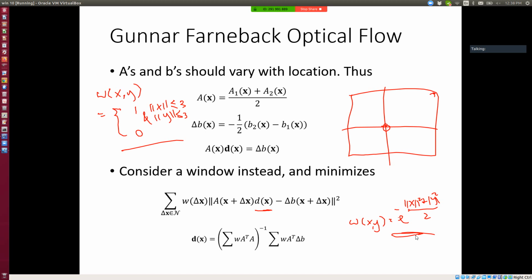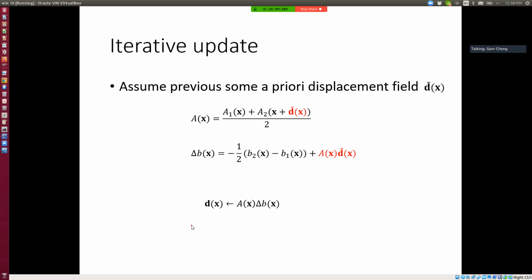Okay. Any other questions? So I can solve D like this. A small modification is that, actually, this is not the only algorithm I can do. Like for all these optical flow algorithms, I can do this multiple times as an iteration. So just iterative refinement.